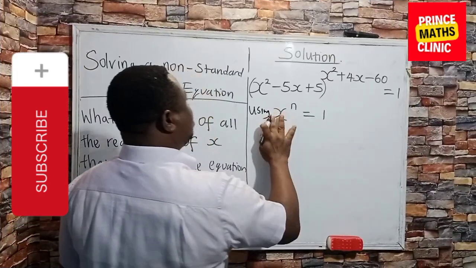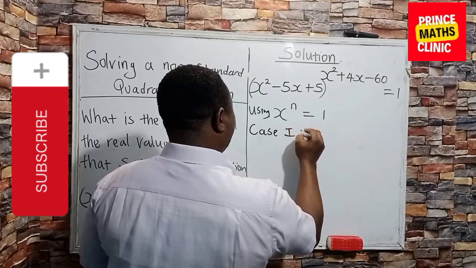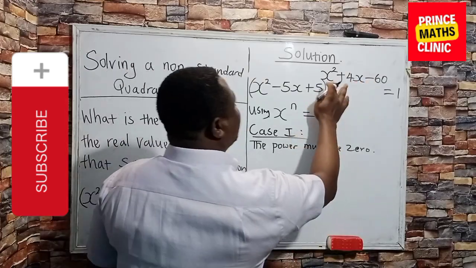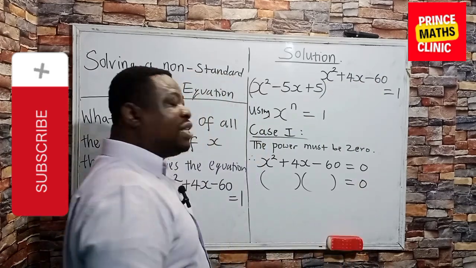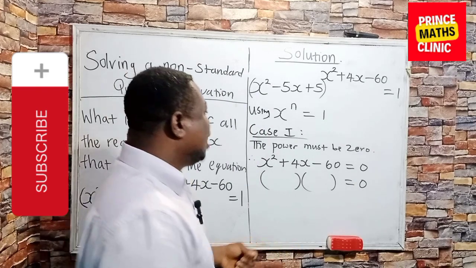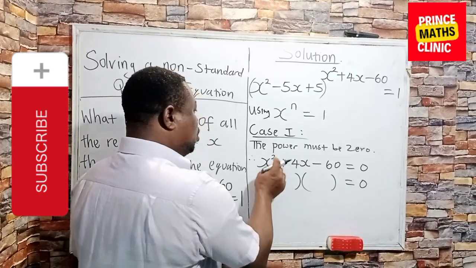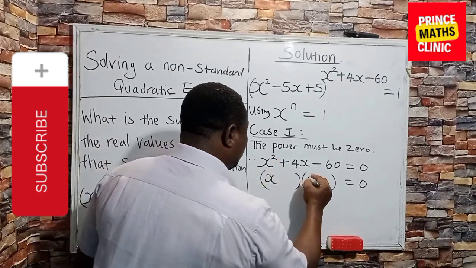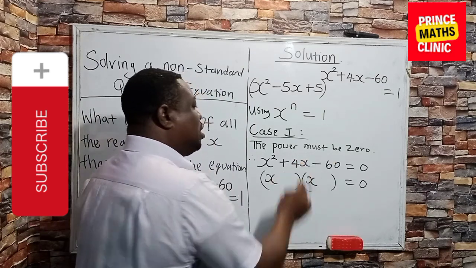So using this, case 1. If this power is 0, it means that everything here will be equated to 0. Remember the first approach I introduced to us, that when you want to solve a quadratic equation, write out the unknown. Then I have negative 60 here and positive 4.